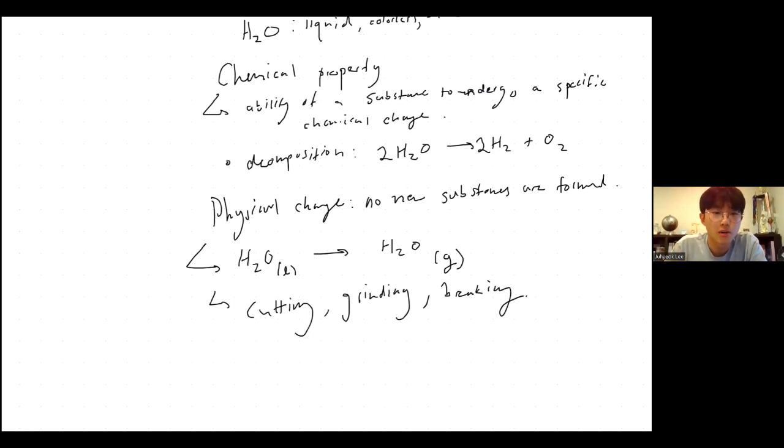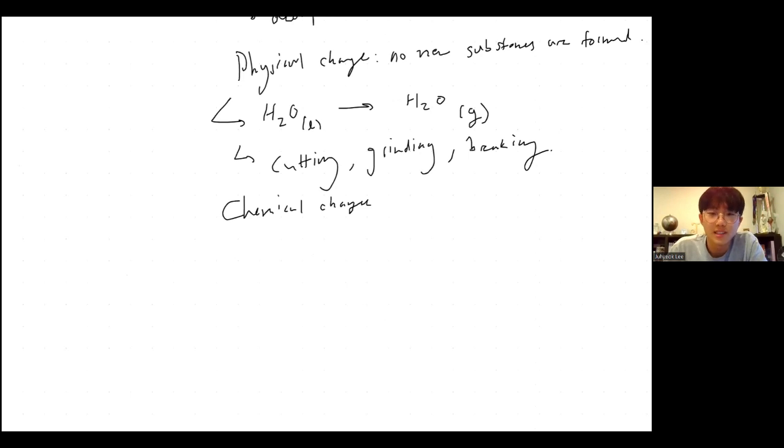Chemical changes, however, is when it's the opposite. New substances are formed. Quite obvious. So let's say you take an example such as this, which I already balanced here: sodium plus chlorine.